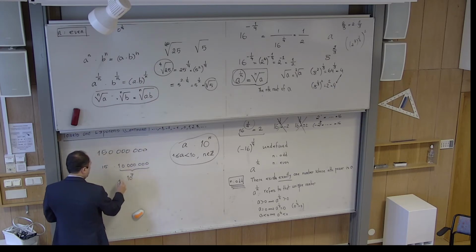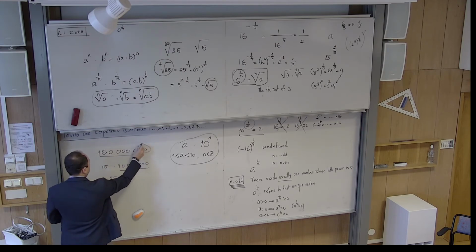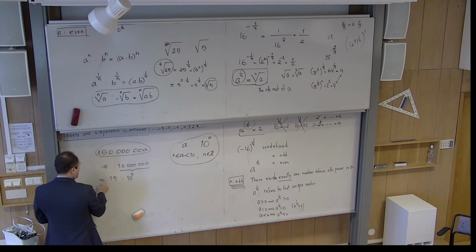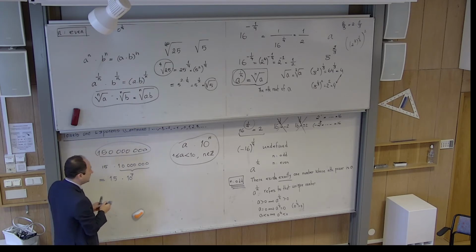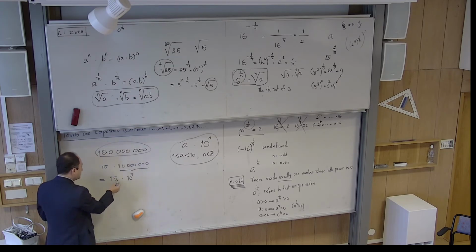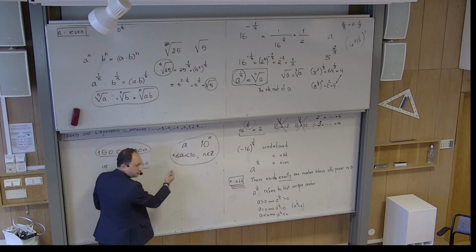Be careful about what I'm saying here. If you say this number is equal to this number, I agree with you. But if I ask you, is it in scientific notation, you should say no. Scientific notation means this number shouldn't go beyond 10.